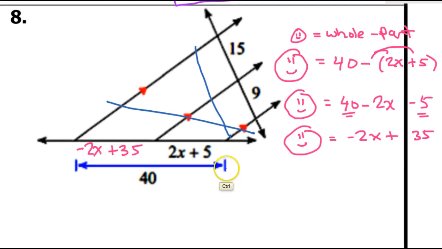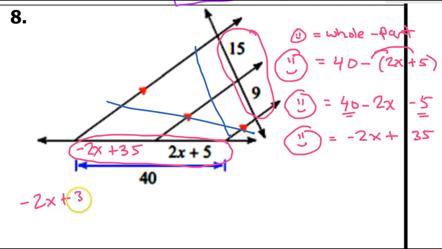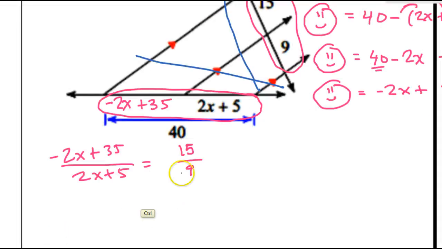So now I can do the Side-Splitter Theorem. I can make a fraction out of these two numbers, and I can make a fraction out of these two numbers. So for example, I can do negative 2x plus 35 over 2x plus 5 is equal to 15 over 9. I'm going to reduce these because both of these are divisible by 3.